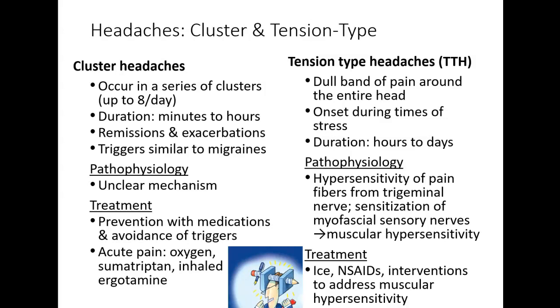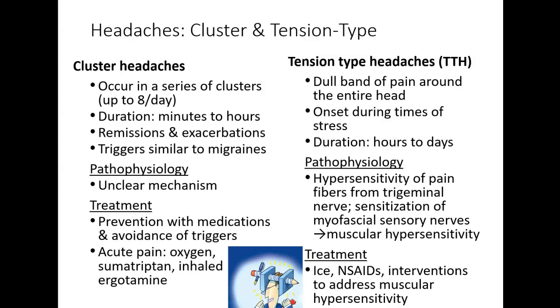So, hypersensitivity of pain fibers from the trigeminal nerve. I'm not sure that you really need to know that level of detail, but it does lead to muscular hypersensitivity. You have muscles that cover your scalp and your face and your neck, and they're all connected. So if you start to get inflammation in some of those, then you're going to end up having pain and discomfort.